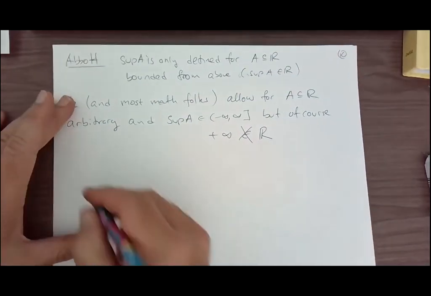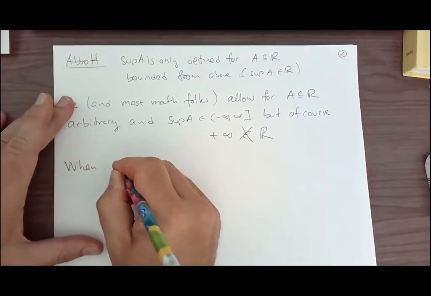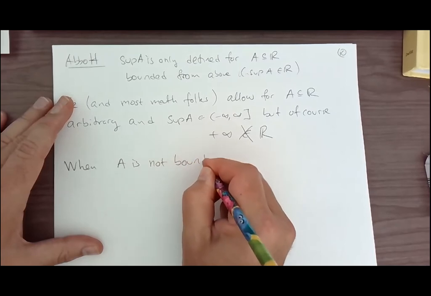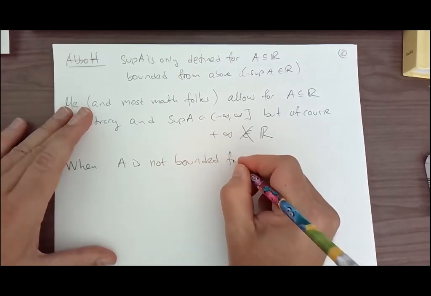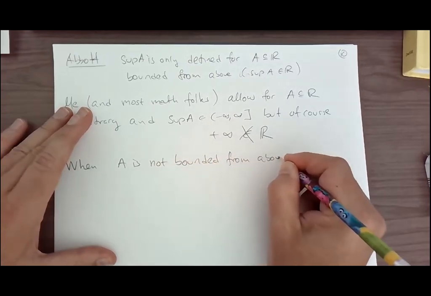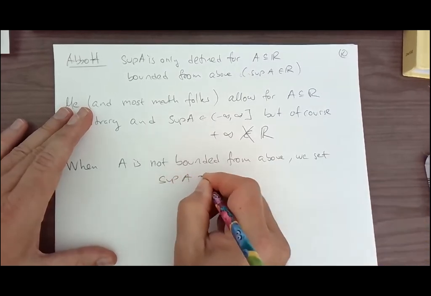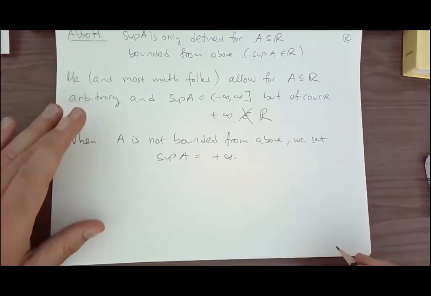So when A is not bounded from above, we set the sup of A to be plus infinity.